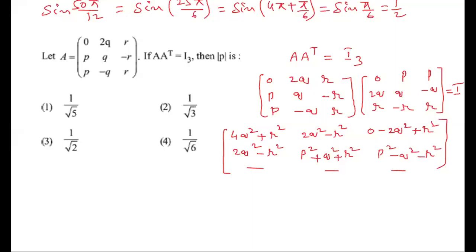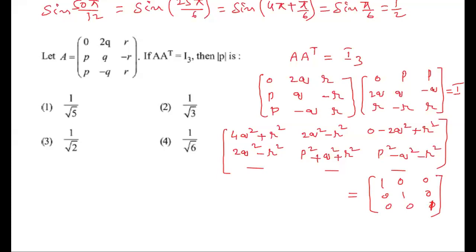So multiply these two matrices. We got like this. I multiplied only 2 rows, third row I have not done. I think it is enough. Identity matrix means 1 0 0, 0 1 0, 0 0 1.